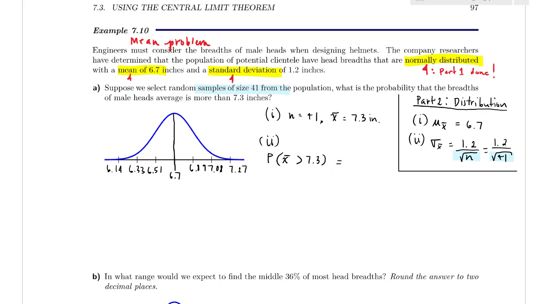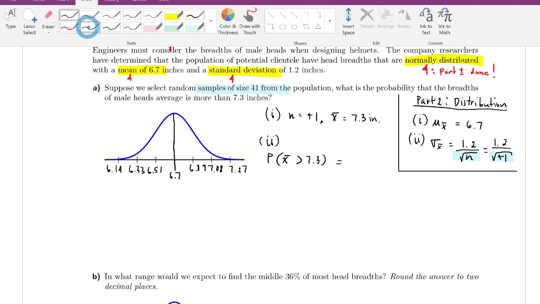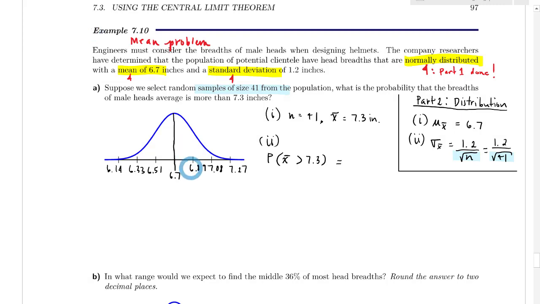So let's mark that on the curve. 7.27 is here, so here's 7.3. And if I want more than, that is a tail, right? And we can see that that's going to be a very small probability, right?